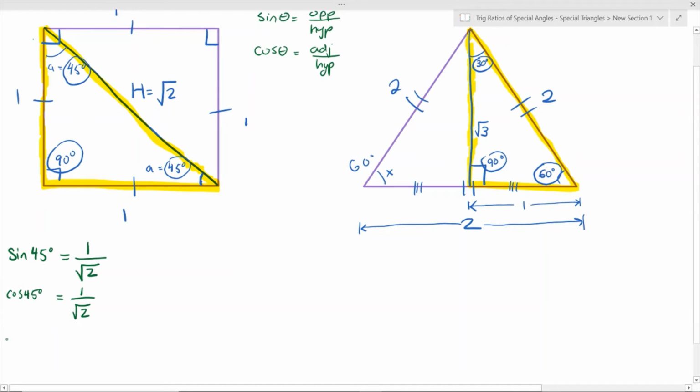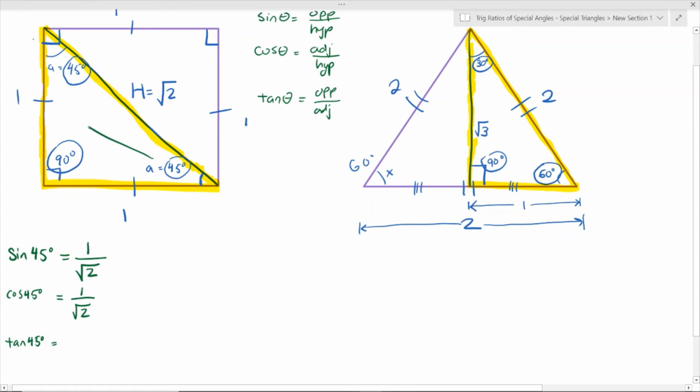Now for tan 45 degrees, we need to look at tan theta, right? Tan theta is equal to opposite side over adjacent side in the right angle triangle. So tan 45 degrees, we look at the angle 45 degrees.